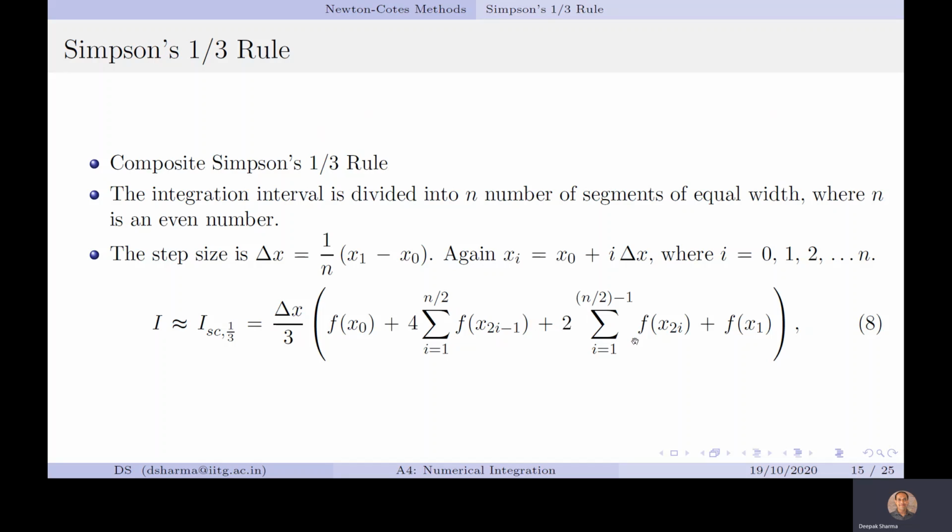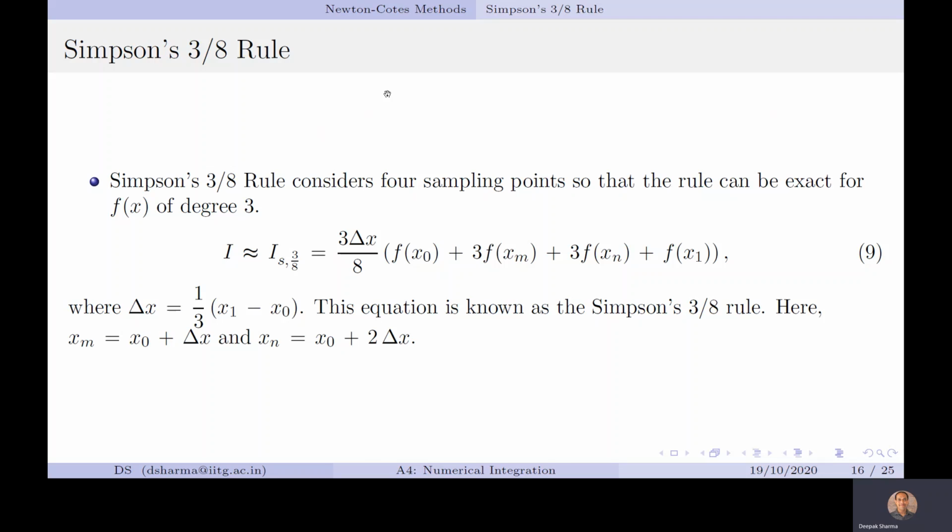Similarly, we have 2 times the summation from i equals 1 to n by 2 minus 1 of the function value at x 2i, plus f of xn. Now it is important to note that these 2 summations will become for loops. So if we are going to use the same algorithm representation as the trapezoidal rule, then we are going to use 2 for loops here.